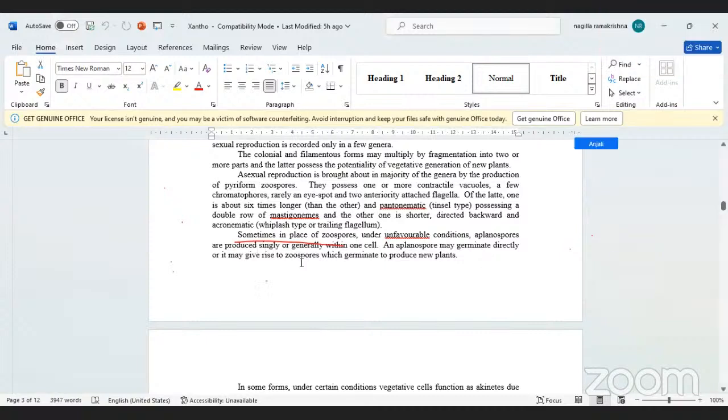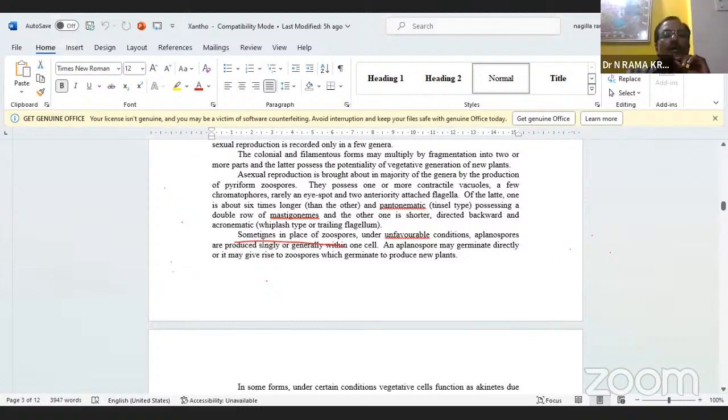Now you see, under unfavorable conditions, this xanthophytic algae modifies into one special type of structure. Now I am writing it here. Under unfavorable conditions it is aplanospores.